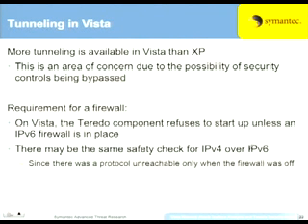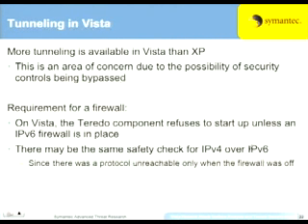And this is an area of concern due to the possibility that security controls may be bypassed by this tunneling. The security devices don't know to look inside for the real content. And we do know that on Vista, the Teredo component will refuse to start up unless there's an IPv6 firewall in place. So that's a sensible security precaution. Make sure there's a firewall there.